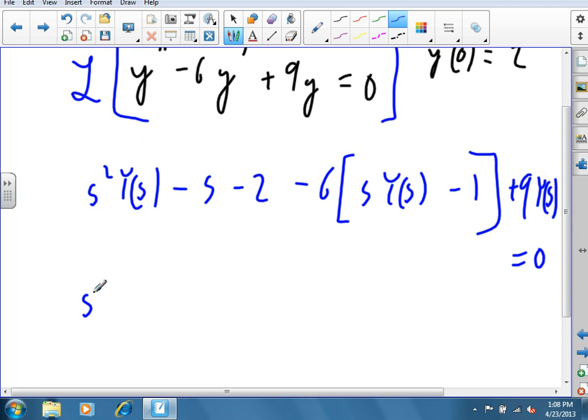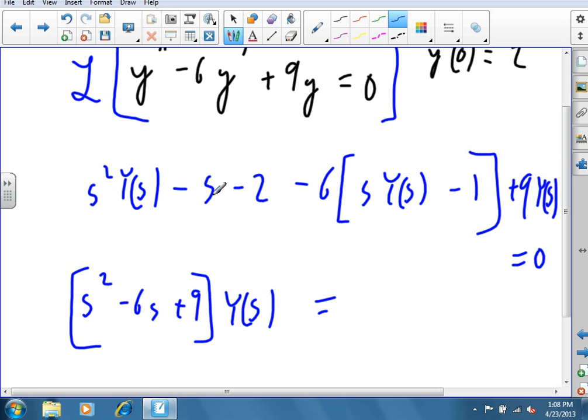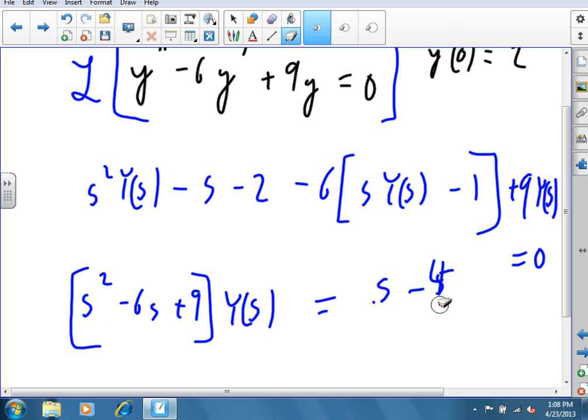And then I would have s squared minus 6s plus 9 times y of s is equal to s minus 4. I got minus 2, which becomes a plus 2, and then I got a plus 6, which becomes a minus 6, so I'd have a minus 4.